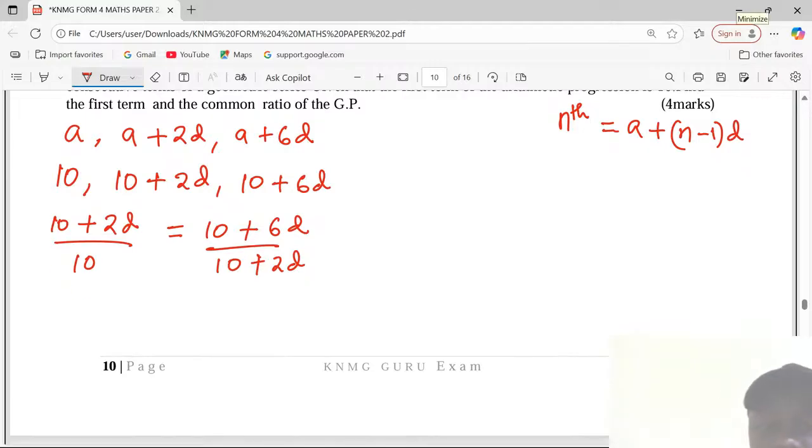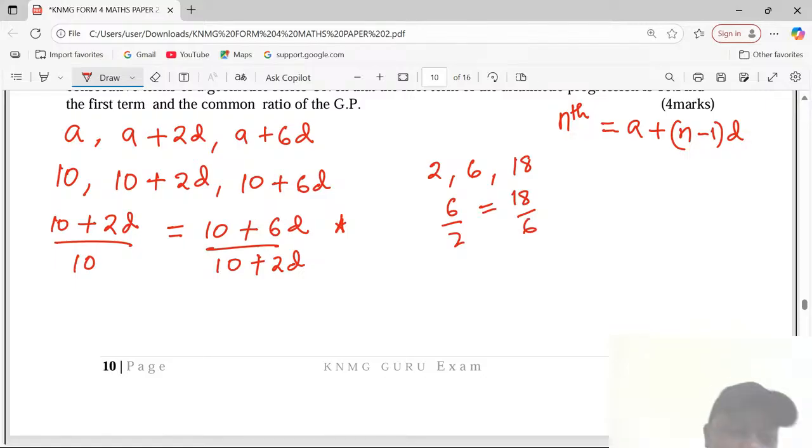Okay, so what am I saying in coming up with this equation? If, for example, we have 2, 6, I've multiplied by 3, 18, you should know that 6 over 2 should be the same as 18 over 6. In both cases, we are getting 3.